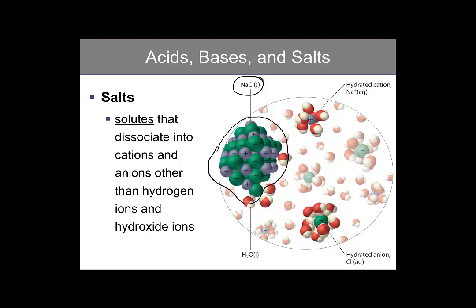When you place sodium chloride in water, it dissociates. The sodium ions and the chloride ions dissociate into their individual ions. So salts are solutes that dissociate into cations and anions other than hydrogen and hydroxide ions.